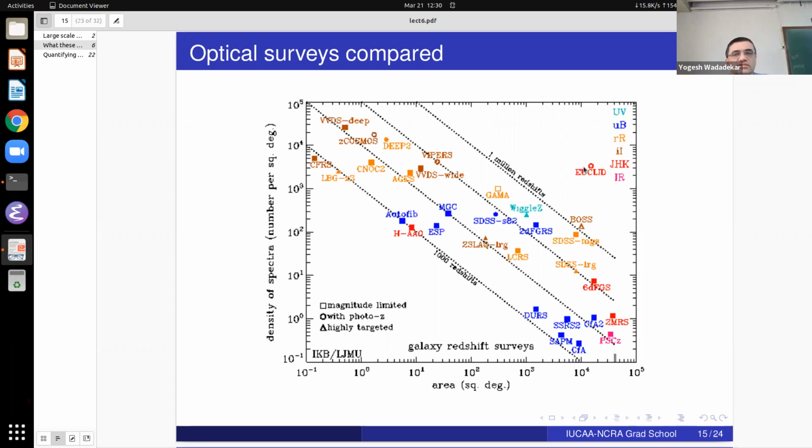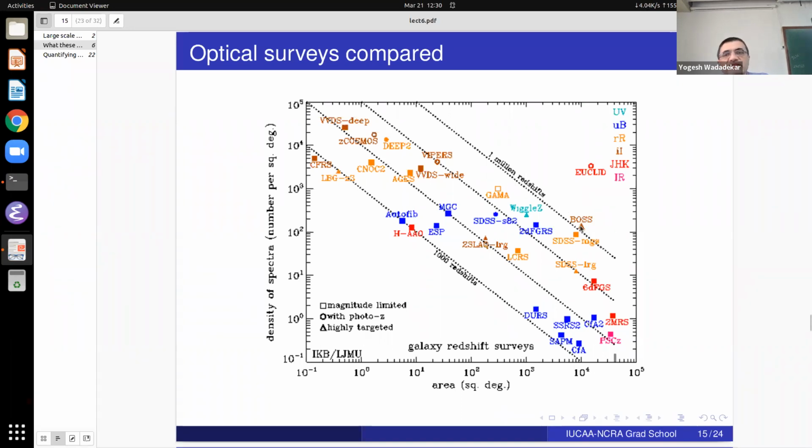So it's very exciting. What we have now is 1 million plus redshifts from a survey called BOSS, the Baryon Oscillation Spectroscopic Survey, the acoustic oscillations. This is one of the recent SDSS surveys.